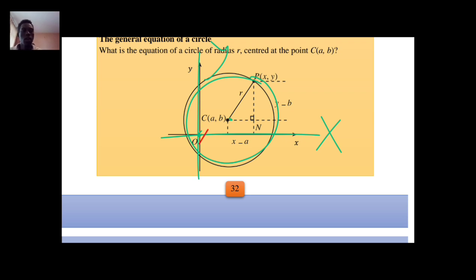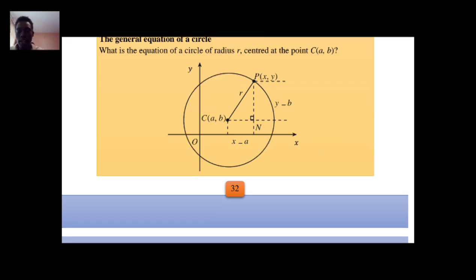In this scenario, we say the center of that circle is at a point A, B. So it can be anything, not 0, 0.